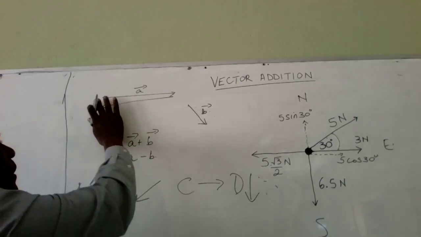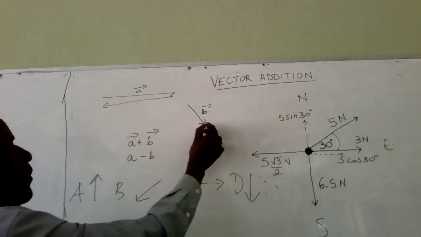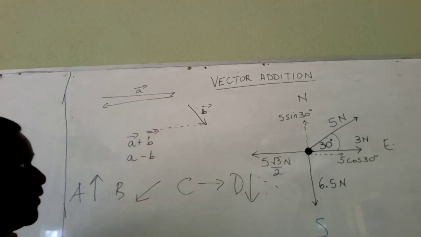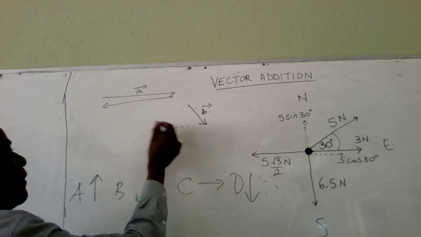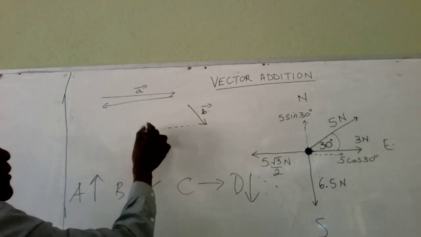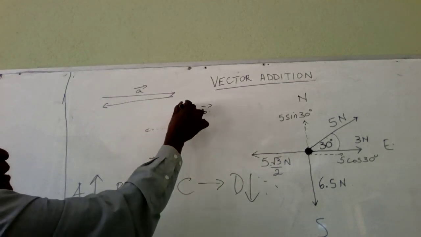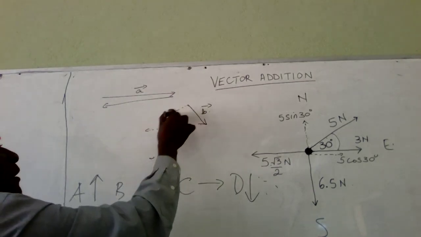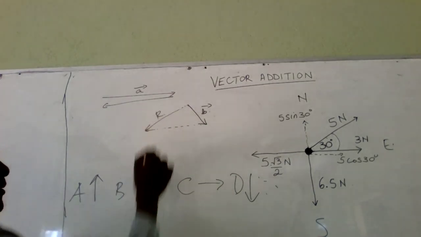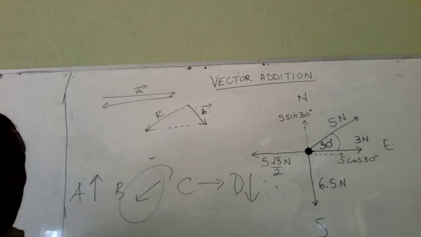So if this one is reversed, it won't go like this, it will come now. Let me remove that quickly so that we're done with it. You don't use Pythagoras, this is the resultant. So the best answer was this one.